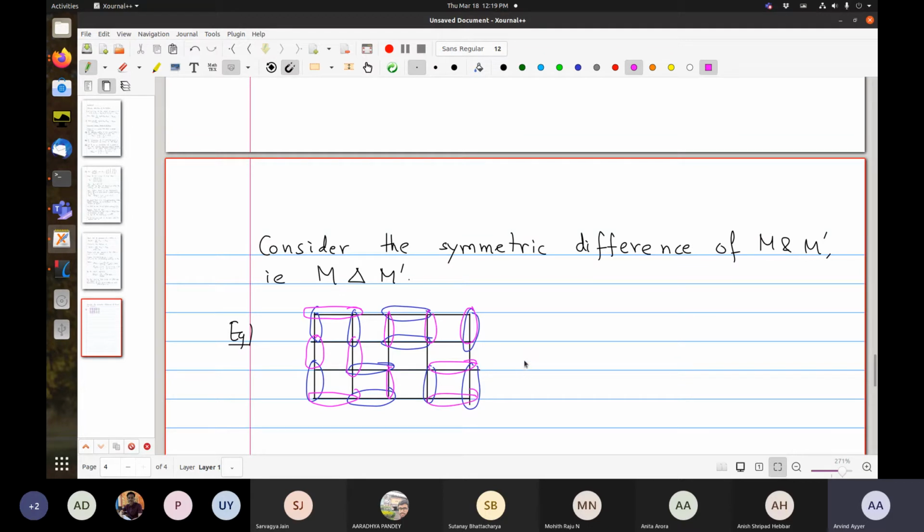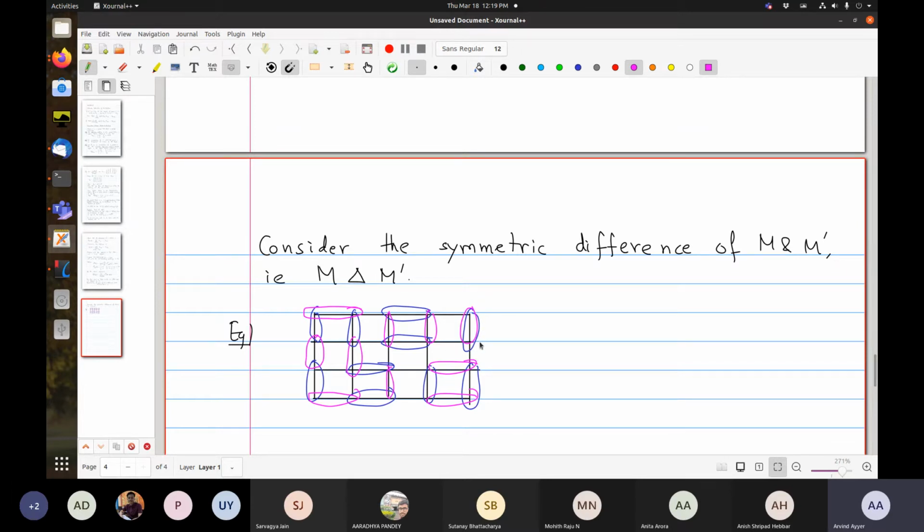Okay, so I hope you see what's happening when you superimpose two perfect matchings. The symmetric difference means that whatever is in the intersection will go away. So this guy is not there. Okay.